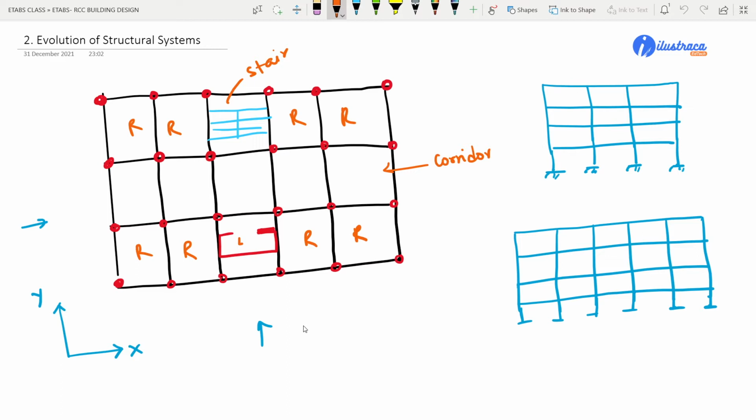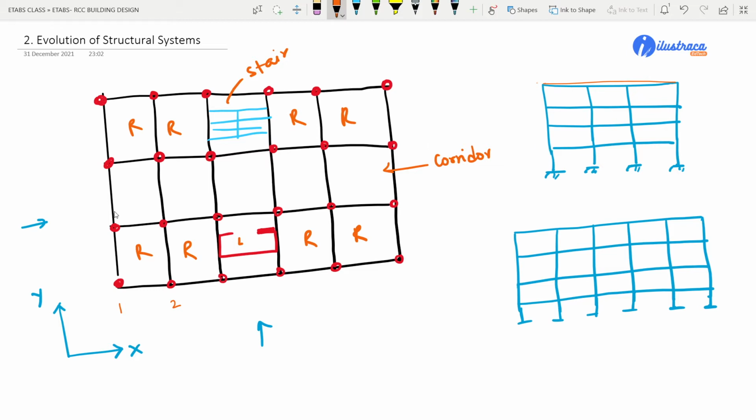I will be explaining all these things in depth in this lesson. So along the x direction, this particular one is a frame as a whole.